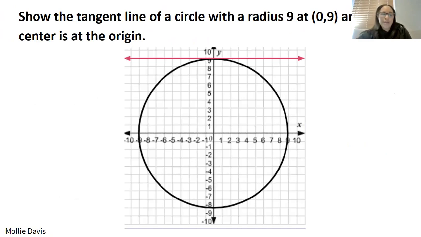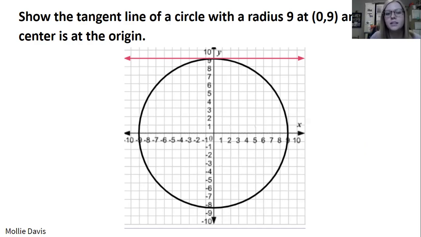Okay, so Molly, show the tangent line of a circle with a radius of 9 at point 0, 9, and whose center is at the origin. Okay, so looking at this one, this is just kind of giving another example of finding the tangent of a specific point. And so we go up to 0, 9 right here on the y-axis.